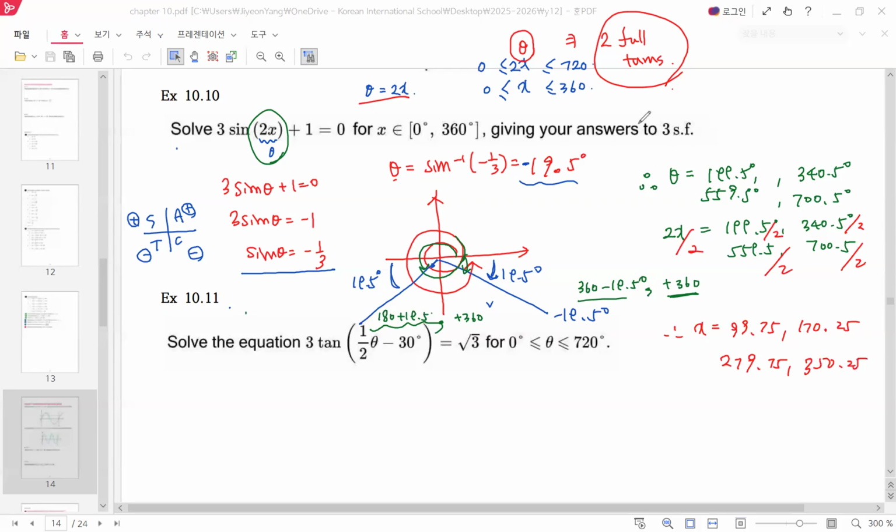However, they ask you to give your answers to 3 significant figures. So 1, 2, 3, draw a bar. Up. So 99.8 here. 170. 1, 2, 3, draw a bar. 280. 1, 2, 3. 350. So these 4 values are the answer of this question. Okay.